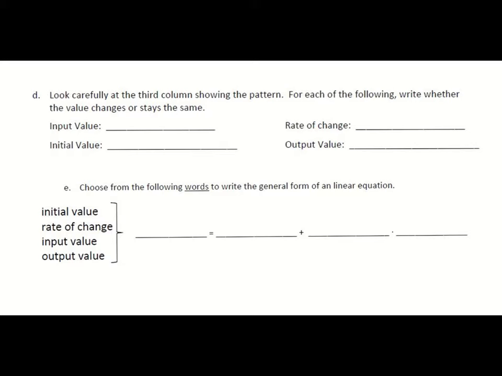So it says look carefully at the third column showing your pattern. If you look at the third column where we had that equation, they wanted you to look at what changed. So your input value basically was that 0. Those were the things that were the 0, the 1, the 2, the 3, the 10, etc. That basically changed. And then your rate of change, that was the 70.